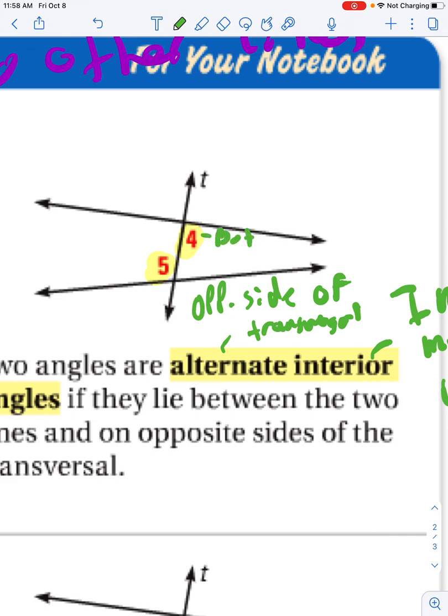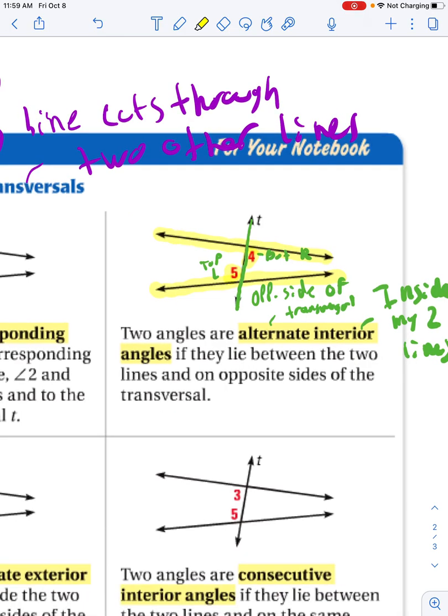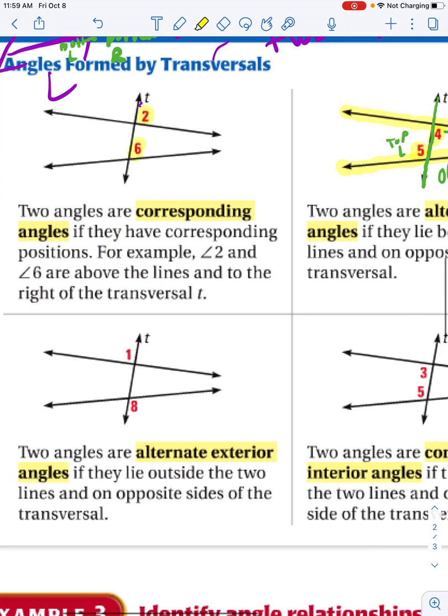They are separated by the transversal, which comes with the alternate, and they are inside of my two lines, which is where the word interior comes from. So that's called alternate interior angles.